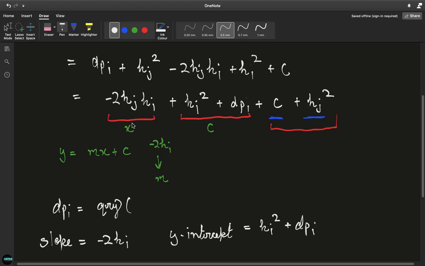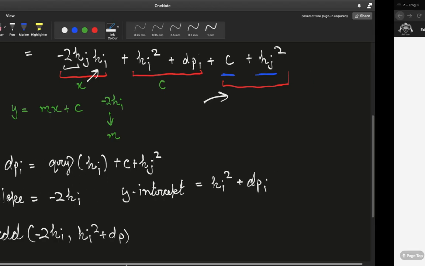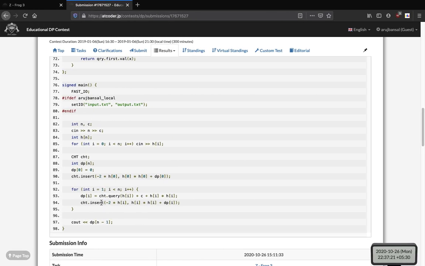It was basically x, which is h of I. This is the slope. So we query for h of I. Now if you remember, we still have to add these terms to the answer, plus h of j square. This is querying and this is addition, and this is what the code does.